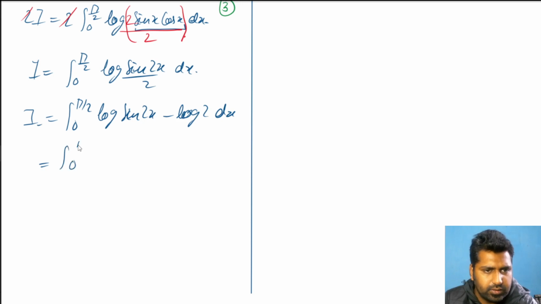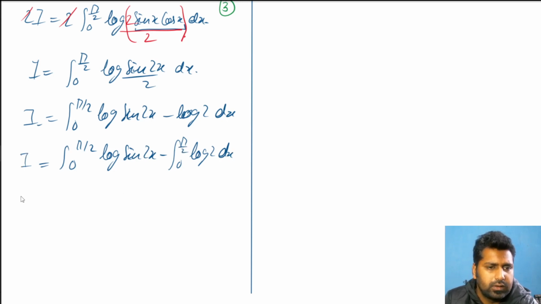So integration 0 to pi by 2 log sin 2x minus integration 0 to pi by 2 log 2 dx. This can be done because log 2 is a constant, so just apply x with it and upper limit minus lower limit. So that will give you minus pi by 2 log 2.